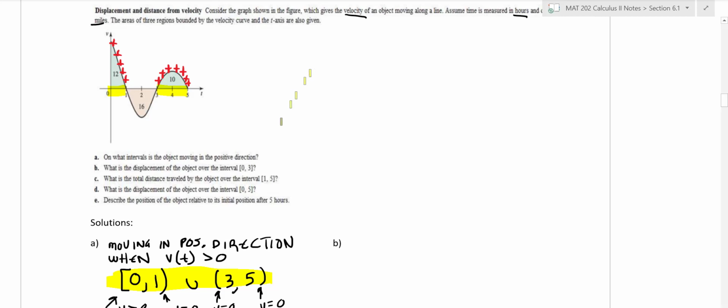Okay, all right, so next thing is, question number 2 is, what's the displacement of the object over 0 to 3? Okay, so what we learned, we have the formula, is the displacement is the integral from 0 to 3 of the velocity dt. Well, we don't know the velocity function, but we know everything we need to know on this.